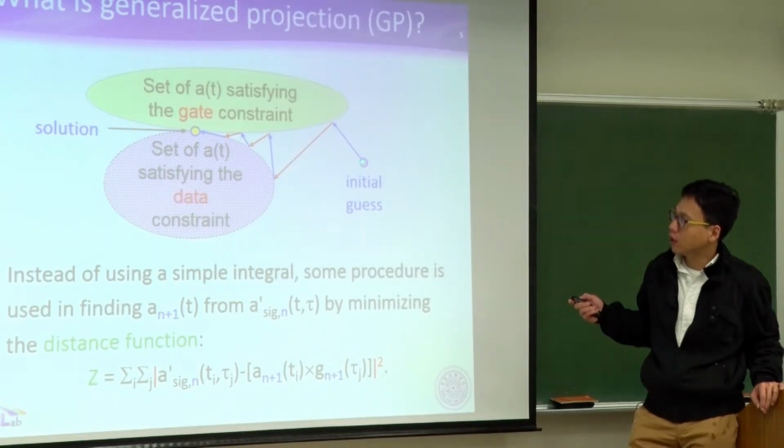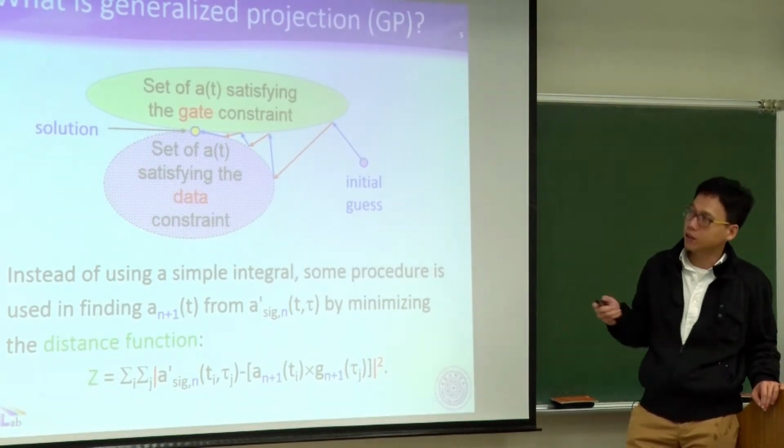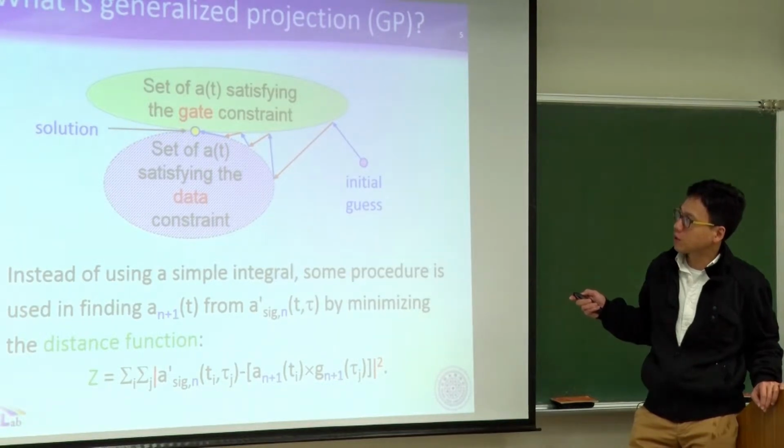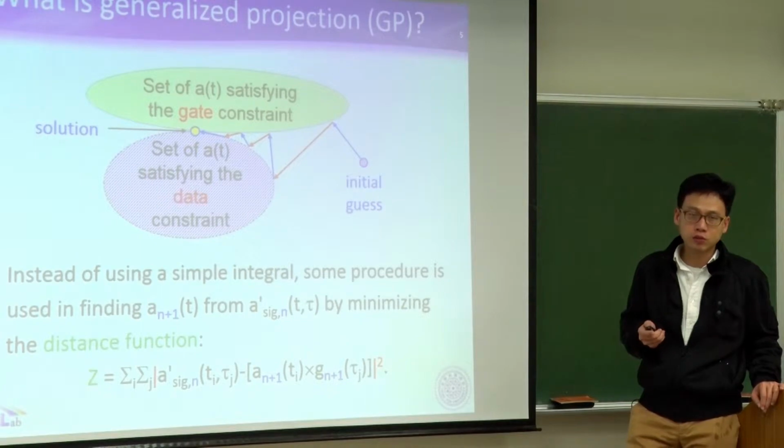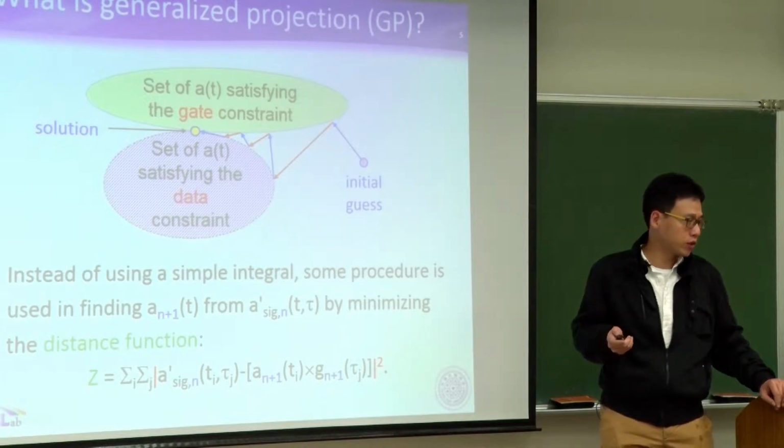But you can force the function to be satisfied with either the gate or the data constraint repeatedly, and hopefully the electric field will converge to the true solution, which is represented by the cross-section points between these two sets.